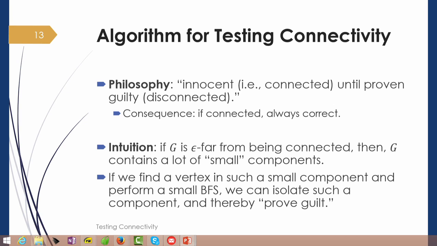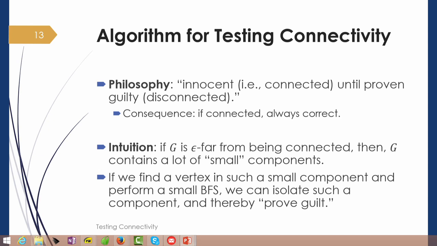As a consequence, the algorithm we design will always be correct when the graph is connected, because we cannot find evidence that it's not connected. Moreover, if we say that the graph is disconnected, then we will only say so when we have clear evidence that it's actually disconnected.